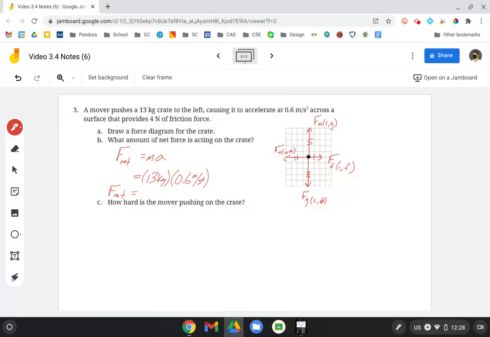And so we get a net force of 7.8 newtons. Because the mover is pushing to the left and it's accelerating to the left, our net force is also to the left. What that means is not that the force going to the left is 7.8 newtons, but that our left force has to be 7.8 newtons stronger than our right force.